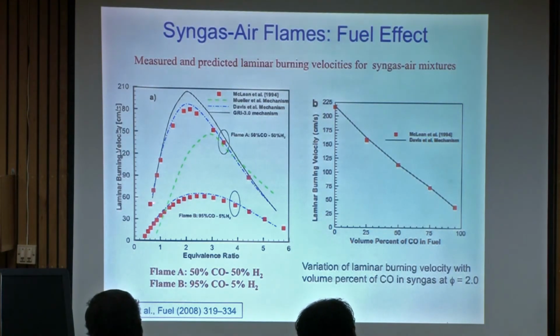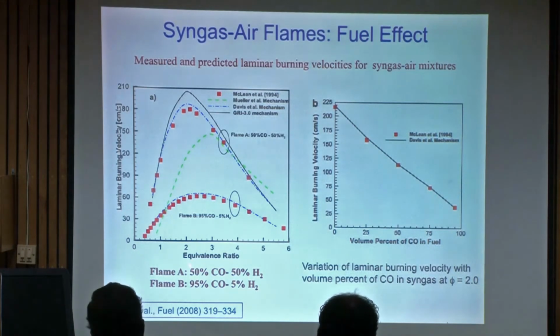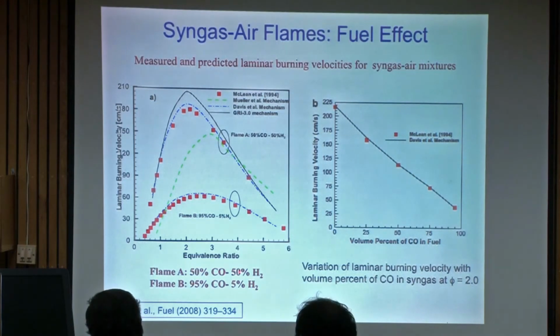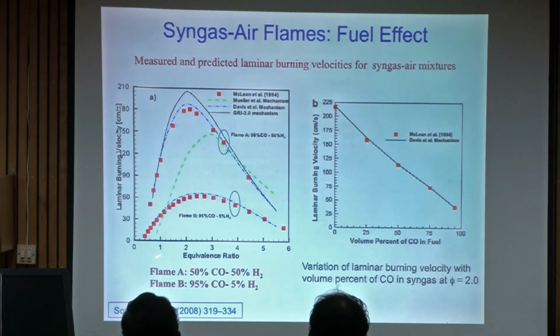This shows the flame speed for two different syngas mixtures: 50% CO, 50% hydrogen, and then 95% CO, 5% hydrogen. When you have only 5% hydrogen, the flame speed decreases. Again, you can see that for hydrogen it is much higher. For 50%, it goes from 60 centimeters per second to 200.